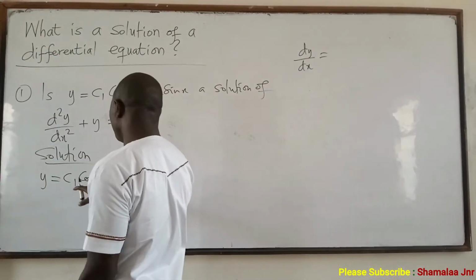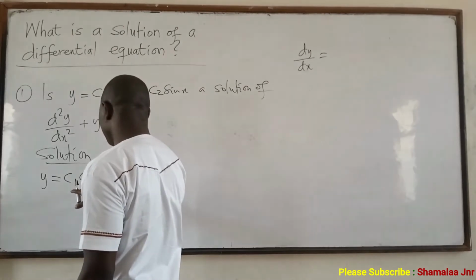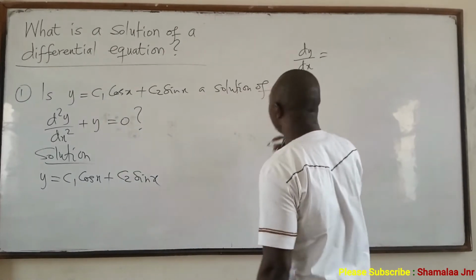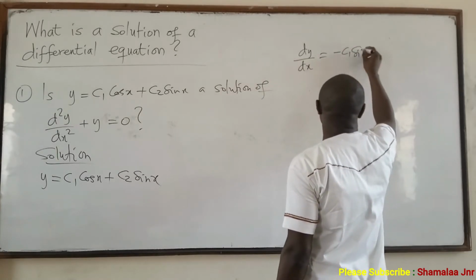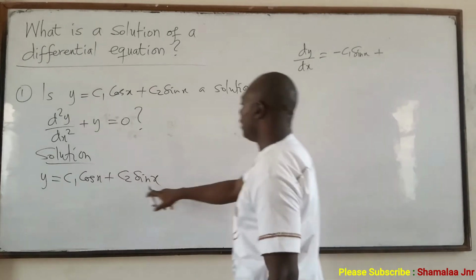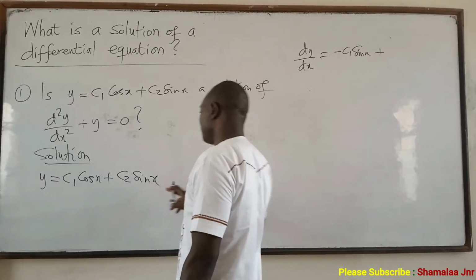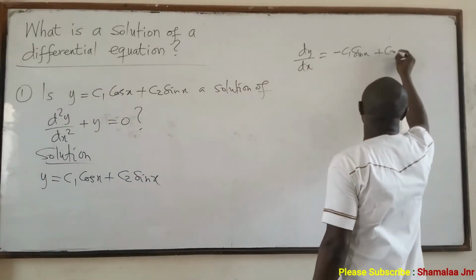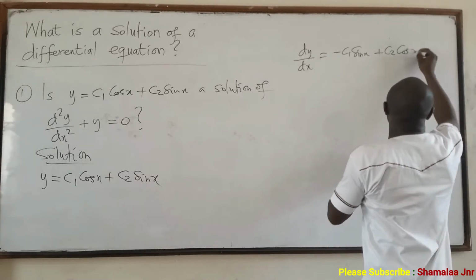When you differentiate cos, you get negative sin. So this one is going to be negative c1 sin x, plus, now when you differentiate sin x, you get cos x, so c2 cos x. So this is the first derivative.